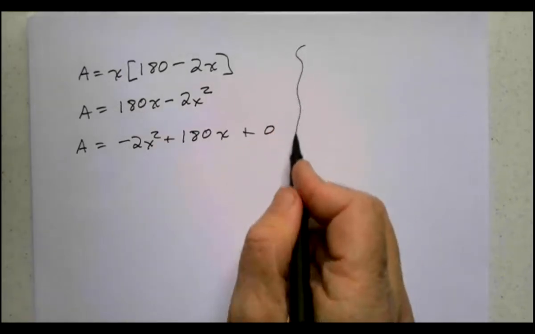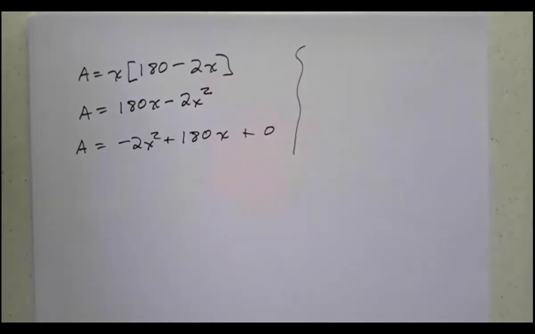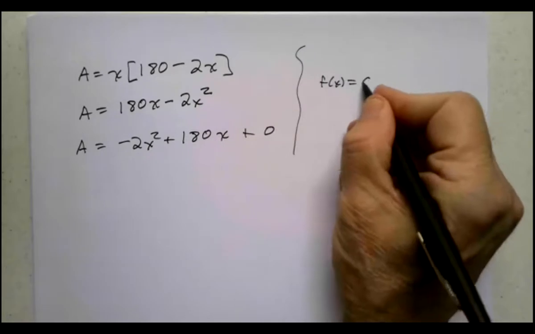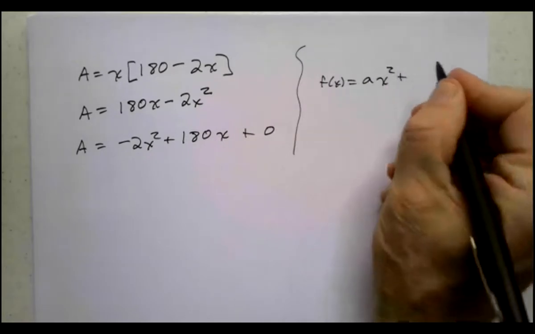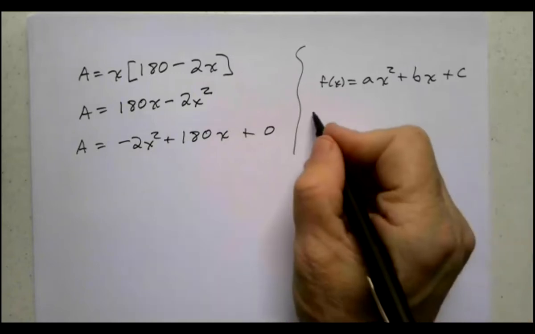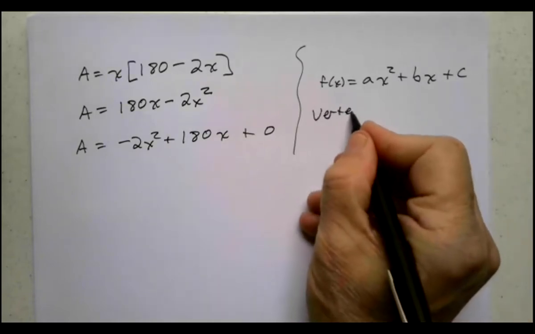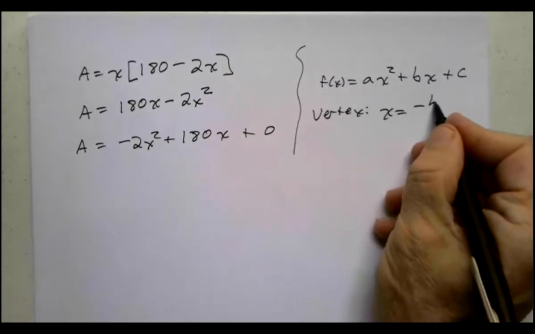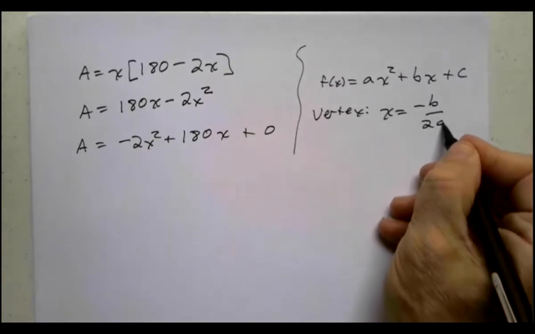Remember, our usual form for a quadratic function is f of x is little a x squared plus little b x plus c, and the vertex occurs where? The vertex occurs at x equals negative b over 2a.